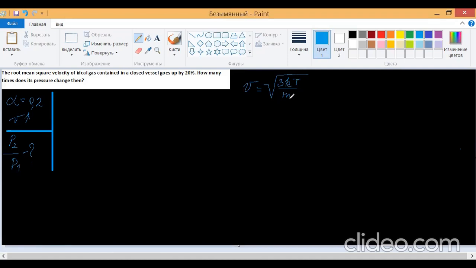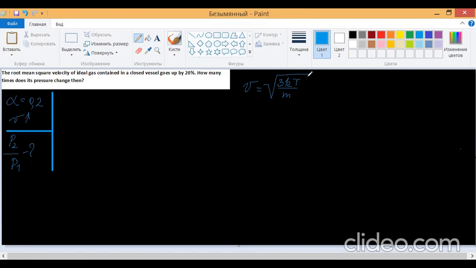But the thing is that we have no idea what gas is being considered in this problem, and we should find a way out somehow.